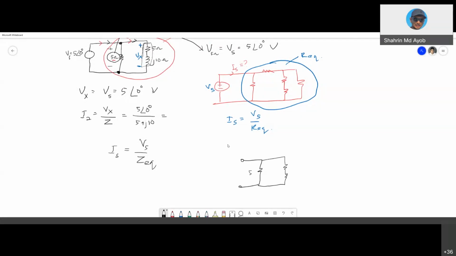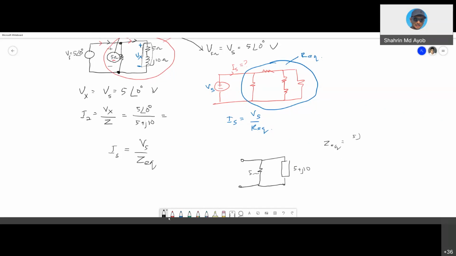So 5 ohm and J10 ohm. It's easier for me to just put a block here, so this one represents the impedance, which is 5 plus J10.